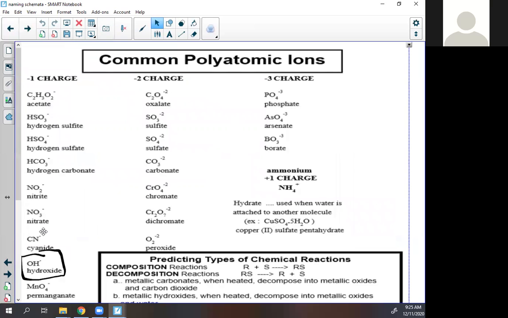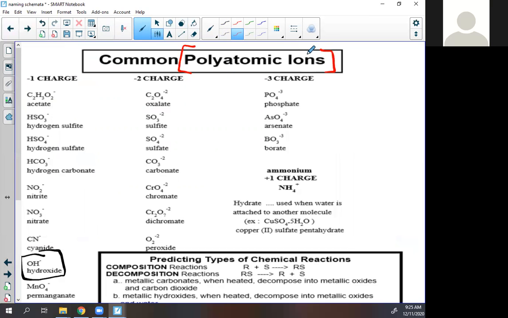So look back at this side real quick of the naming schemata. Just an introduction to what polyatomic ions are. We know that ions means it's charged, correct? Next, it says polyatomic.